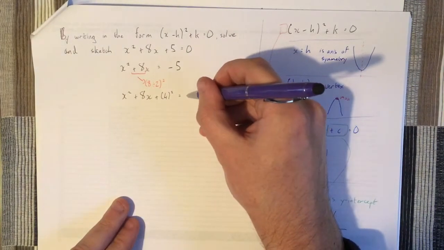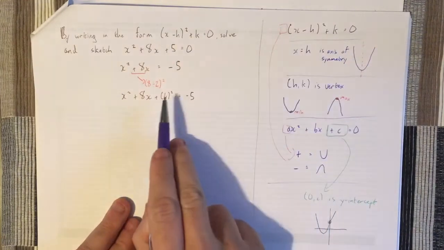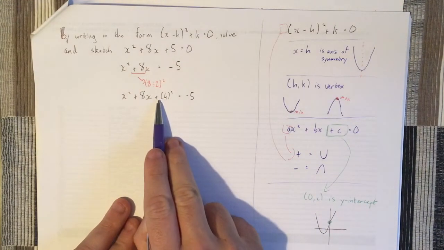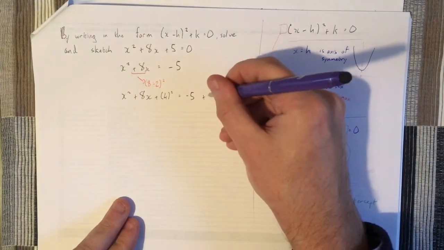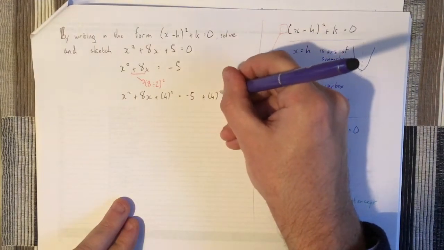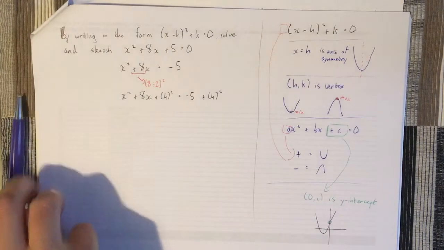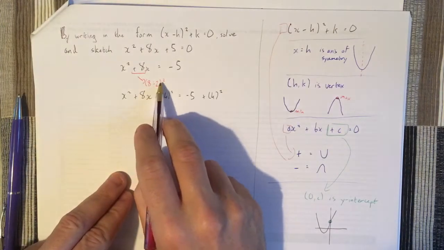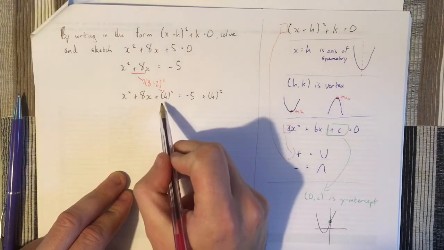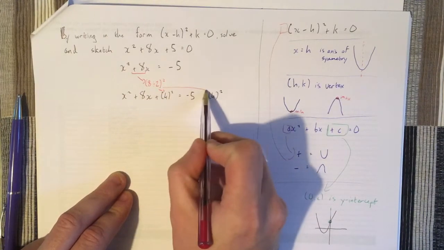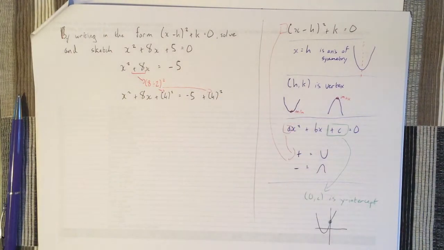Is equal to minus 5, and then I've added a 4 squared on the left hand side, so I need to do it on the right hand side as well. All right, so 8 divided by 2 is 4, and squared is going there, and then because I'm adding it on the left hand side, I need to add it on the right hand side of the equation as well, so my equation is still balanced.